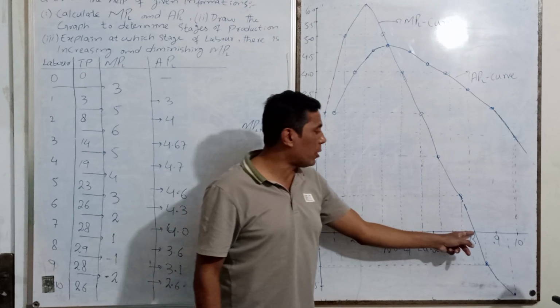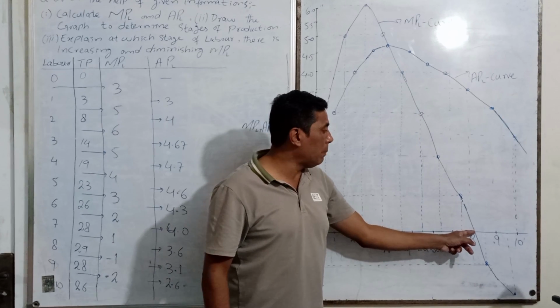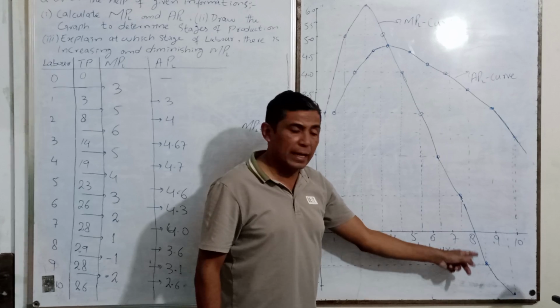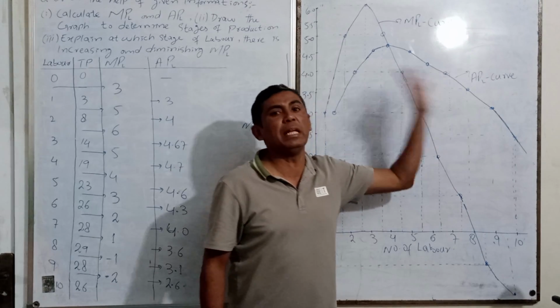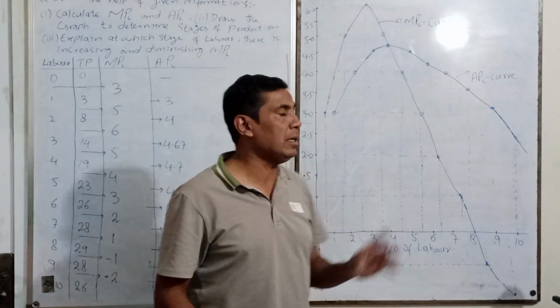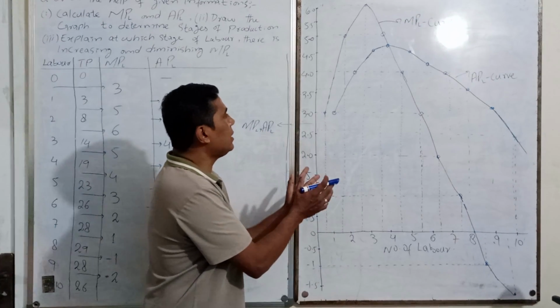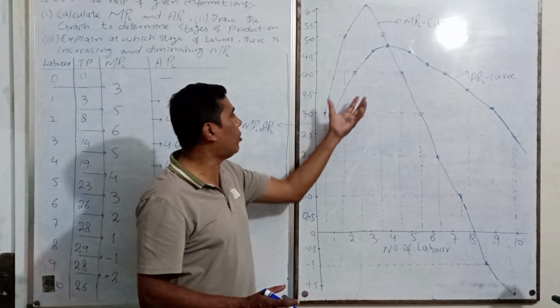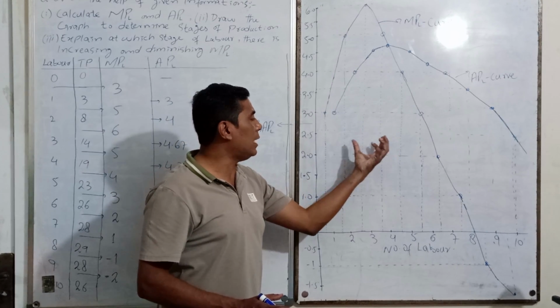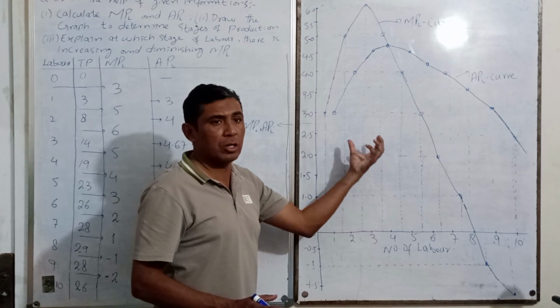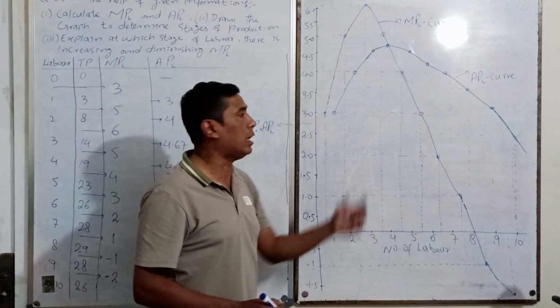Marginal product can be zero and then negative, but average product of labor is never negative or zero. Clear? So now you can determine the stages of production on the basis of these important intersection points or these two important graphs.